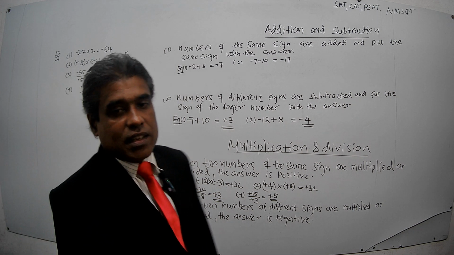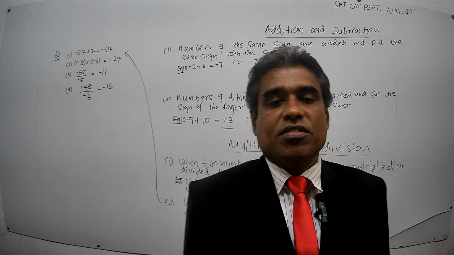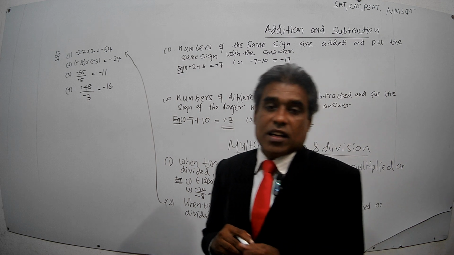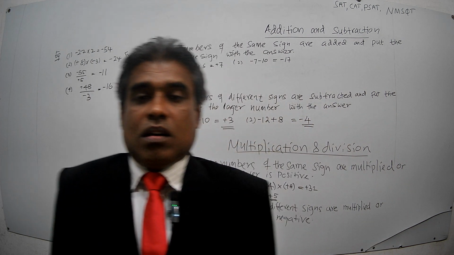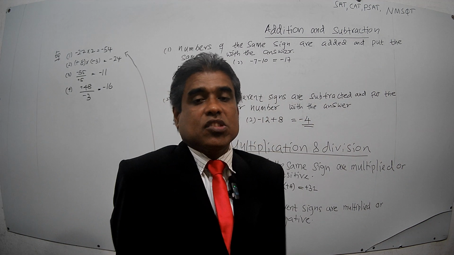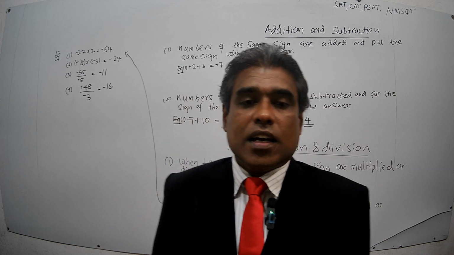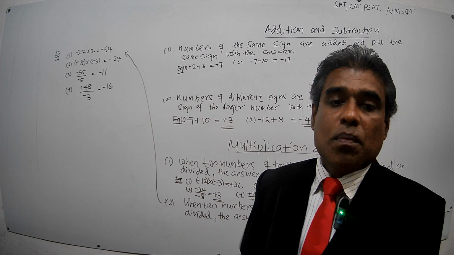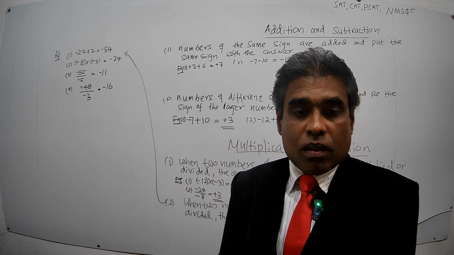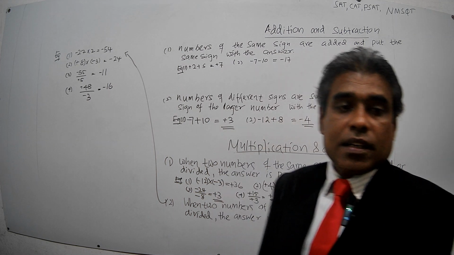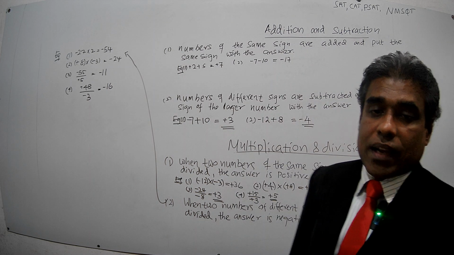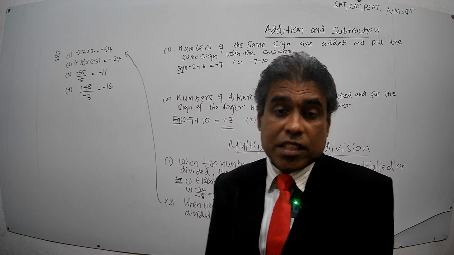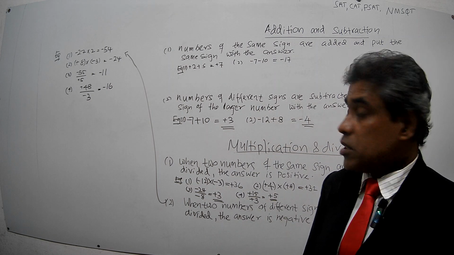Right? This is the application of the rules of operations of directed numbers. I think you understood how to apply these rules to simplify the addition, subtraction, multiplication and division of directed numbers.